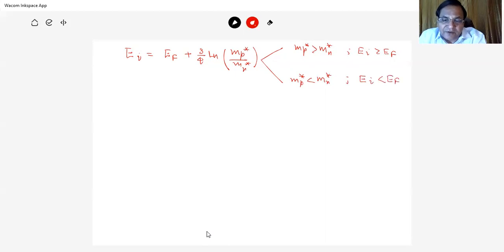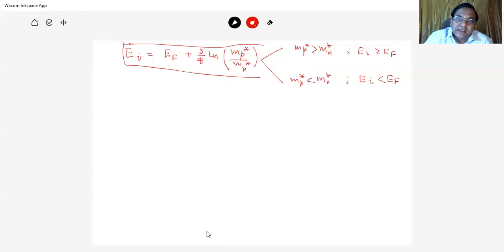So this Fermi level will shift in between the forbidden band in different cases. This is the analysis of the case when the masses are not identical.